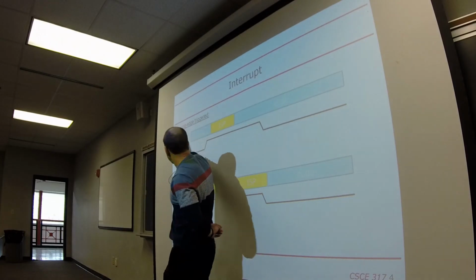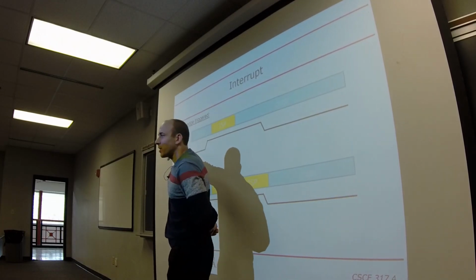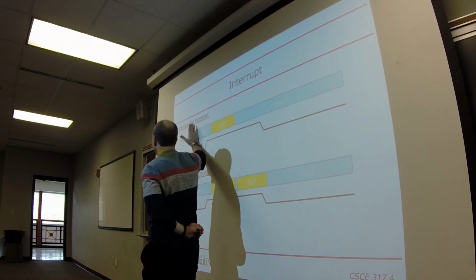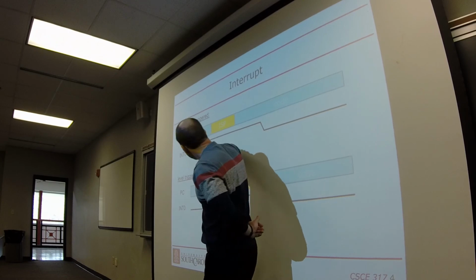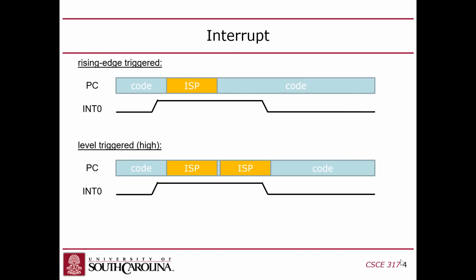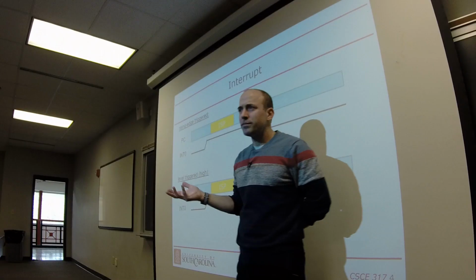PC stands for program counter. The program counter will be executing code, and at some point the interrupt will go from low to high, so you have this rising edge, which will automatically make the program counter change to the interrupt service routine, interrupt service handler.